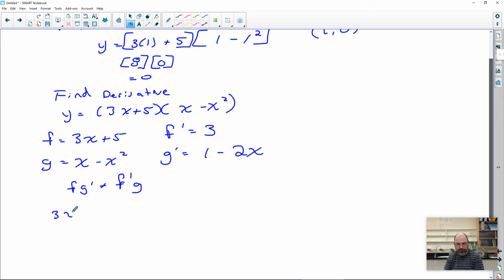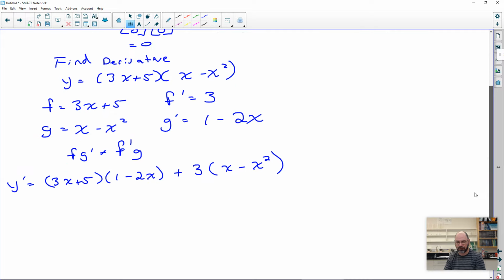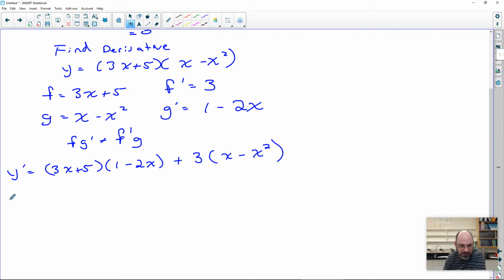So 3x plus 5 times g prime, 1 minus 2x, plus f prime, 3, times g, which was x minus x squared, pardon me, not 2x. Okay, now that's y prime. So now we're just going to plug in at the point 1. It says at x equal 1.